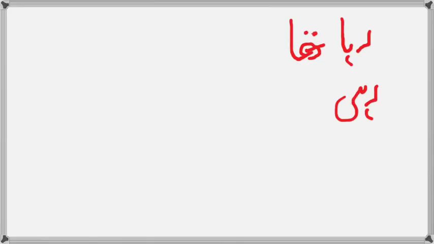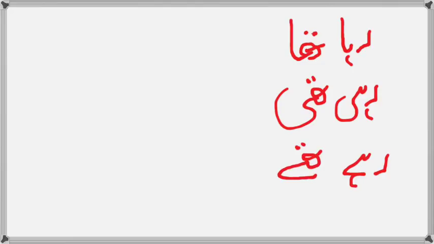Usually, in past continuous tense, we have raha tha, rahi thi and rahe the. रहा था is usually used with male. रही थी is used with female and रहे थे is usually used for a group of people, for plural.